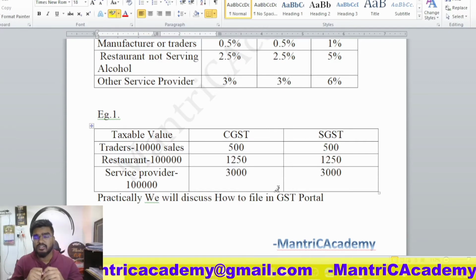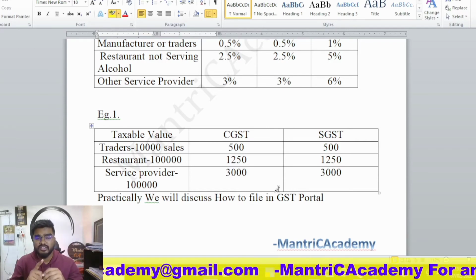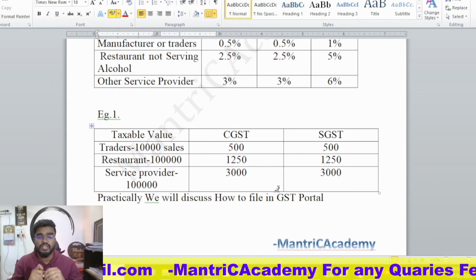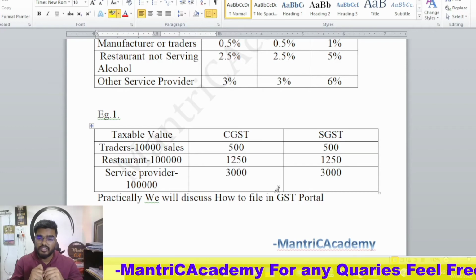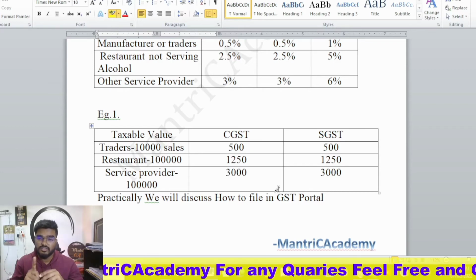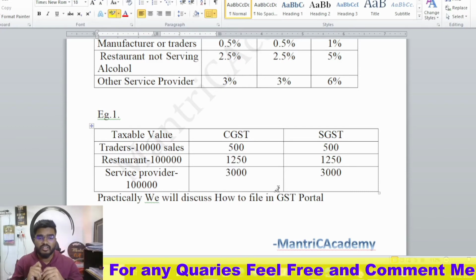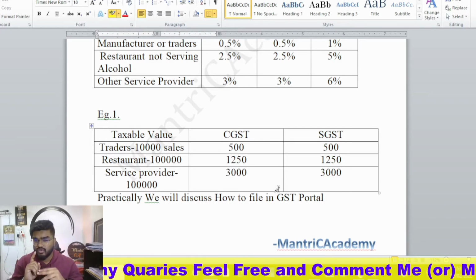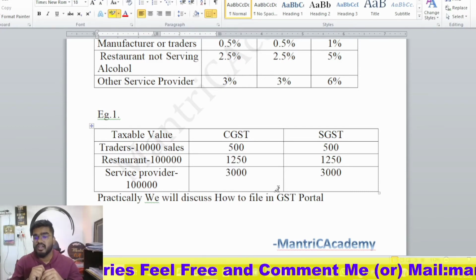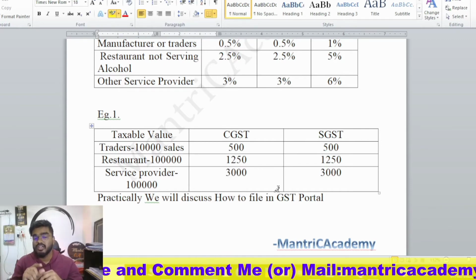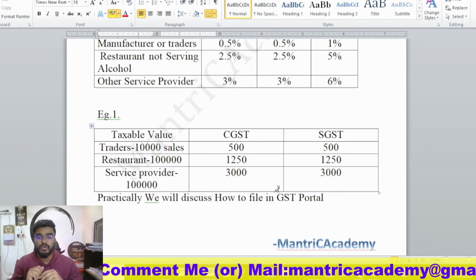If you run a restaurant with 1 lakh in a quarter, you have to pay 1250 each, that is 2.5% CGST and 2.5% SGST. If you provide services worth 1 lakh in a quarter, you have to pay 3000 CGST and 3000 SGST. That implies 6% of the turnover directly to the government.